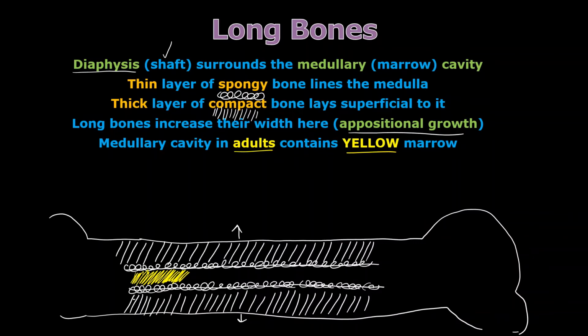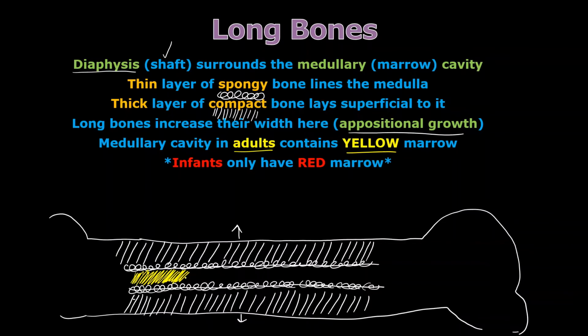But remember, infants, newborns, have not had enough time to accumulate fat. So if you see the inside of an infant's long bone, inside their marrow cavity, you will find red marrow there. In fact, infants always have red marrow, and that's kind of the trick to remember. Babies always have red marrow, and you acquire the yellow as you become an adult.